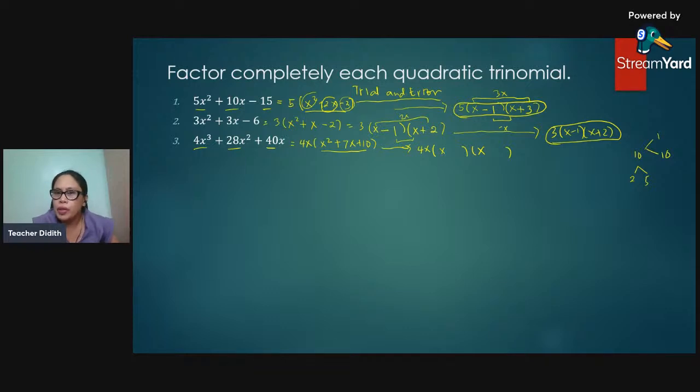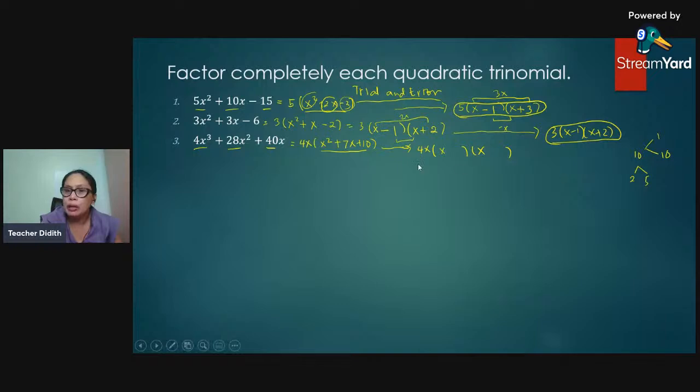Now, as regards what I was saying, the pairs of factors for 10 are 2 and 5, and then 1 and 10. Now, we have to consider the middle term 7x. Since everything is positive here, it's easier for us to work on the factors. So we're going to consider a pair of positive factors.